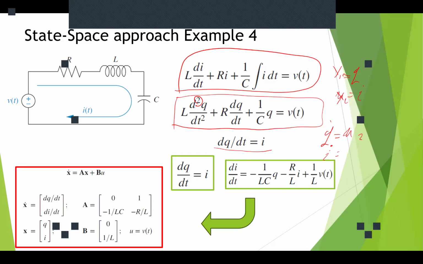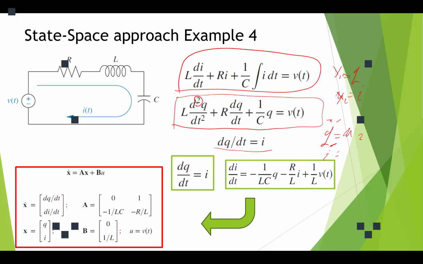Let me use prime, that's better. I prime. How can we find I prime? The answer is in the slide, but I want you to reason about how we find I dot. Any idea what we did to find I dot? The differential of I?